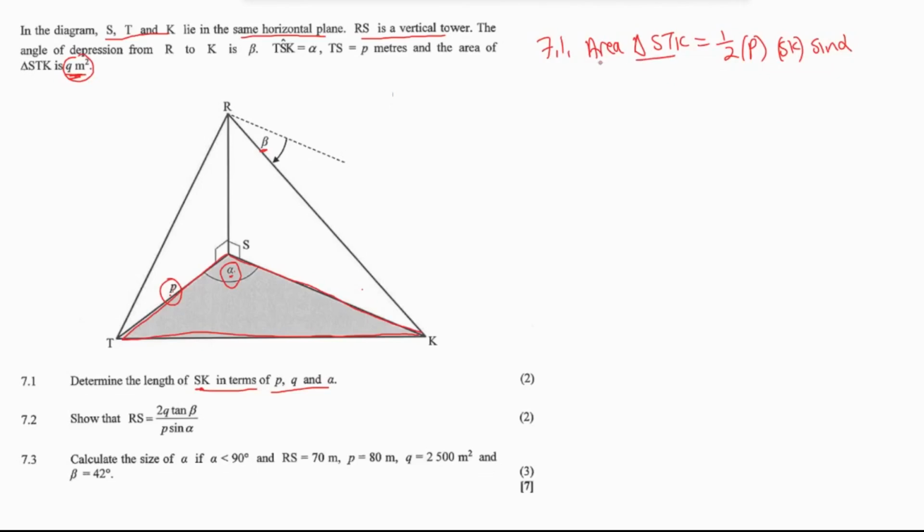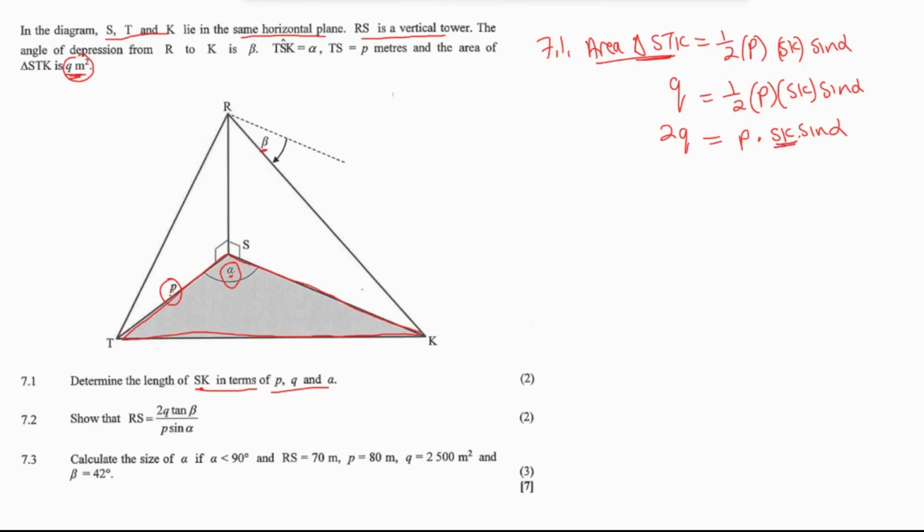The area of triangle STK is Q, so Q is equal to 1 over 2 times P times SK times sine alpha. We can multiply by 2 on both sides of the equation. 2Q is equal to P times SK sine alpha.